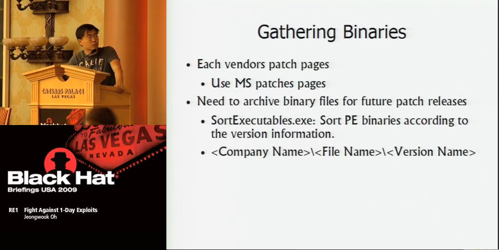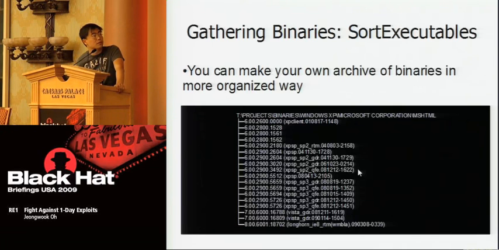So I made a tool, a short executables.exe. It just retrieves version information from each binary PE file and copies them to a specific archive directory using company name, file name, and version name. Here's the example for MSHTML.